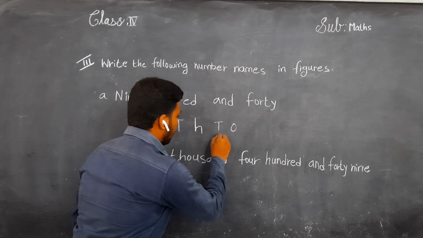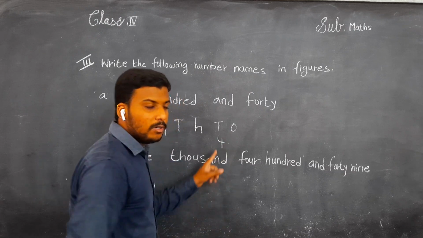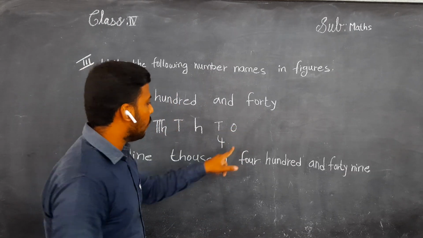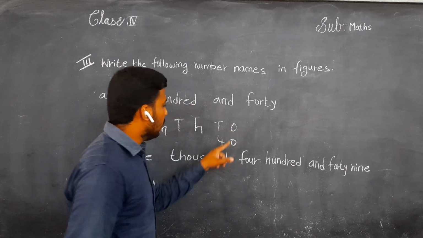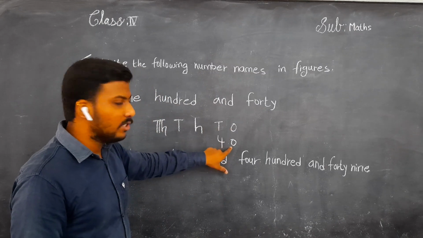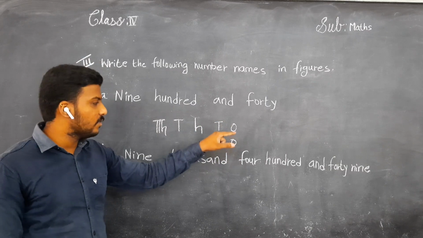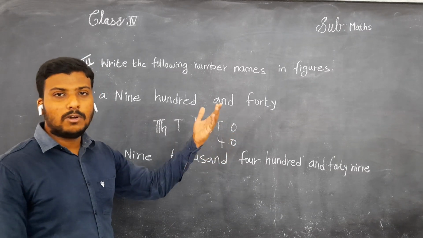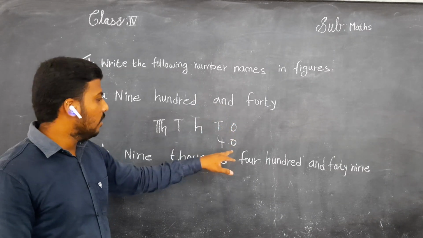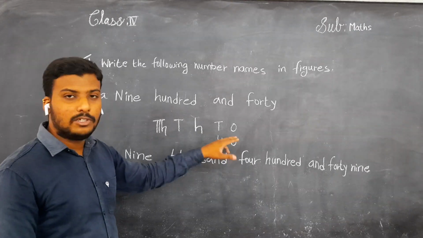So in the tens place we will keep the value 4, and in the ones place we will keep the value 0. Okay, children, in the ones place we have 0. In the place value system, the face value of 0 is always 0, because 0 does not have any value. So we regard 0 as 0.